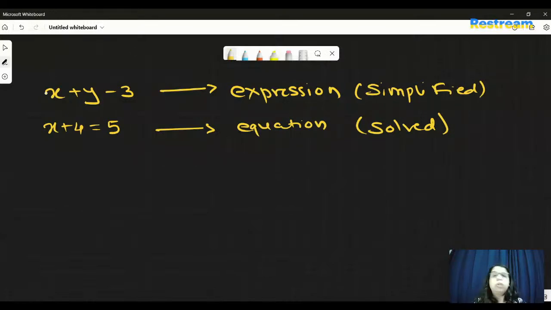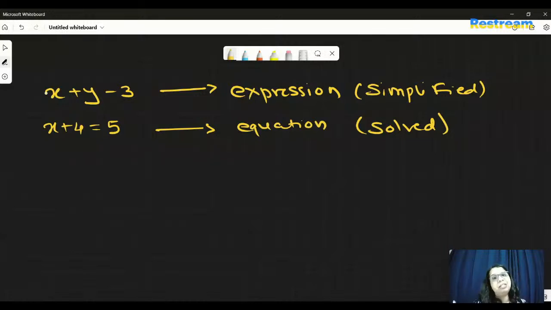Now many people don't understand what to put in x. So basically you have to treat your x like a vessel, which can contain water, grains, milk, juice, anything. So x can contain any real number. It can contain a whole number, a fraction, an integer, a decimal.